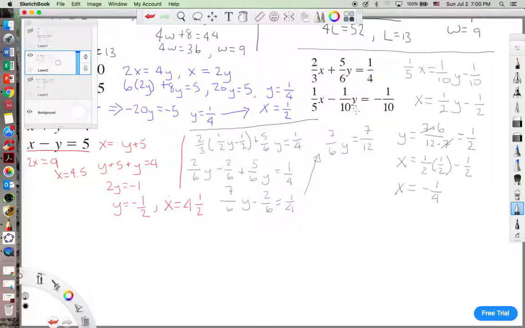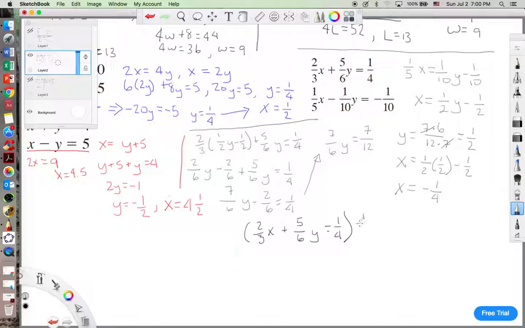So let's just multiply all of this side by 1/10 and all of this one by 5/6, and we'll use the y terms. I'll write this whole thing out. 2/3 x plus 5/6 y equals 1/4.